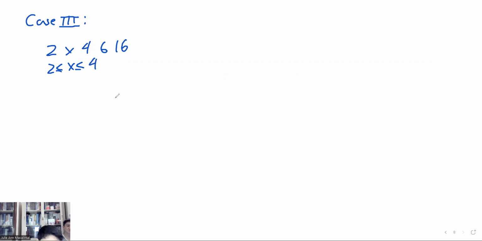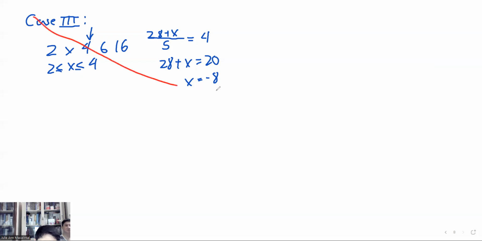Anyway, the median this time will be 4, so the mean should equal 4. Then we end up with a worse situation than before, where x is equal to -8, which is obviously impossible because we just assumed that it's greater than 2 or 4.